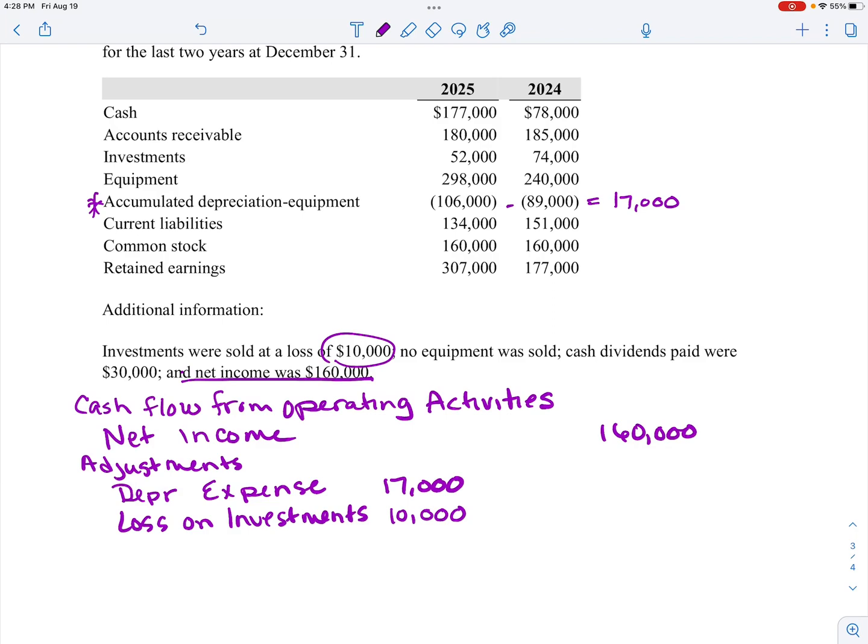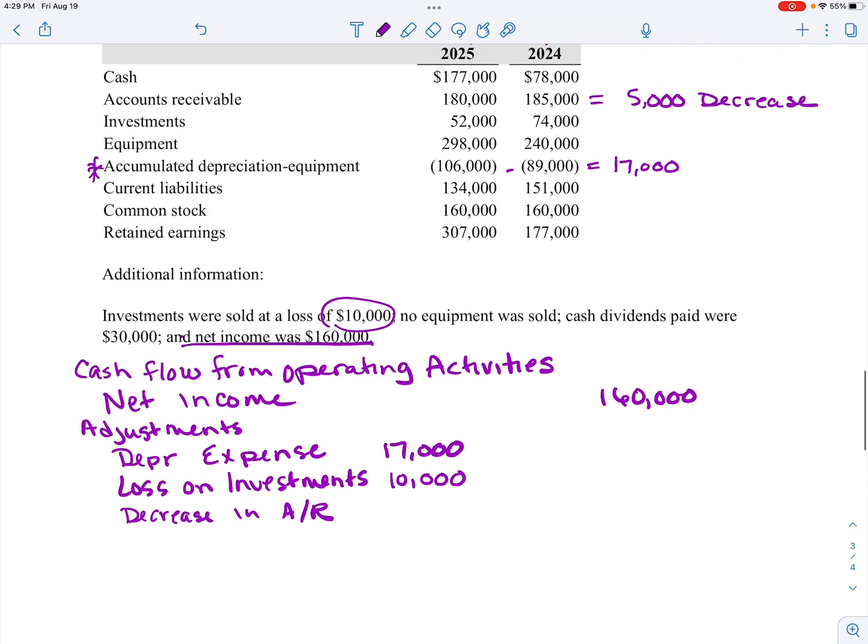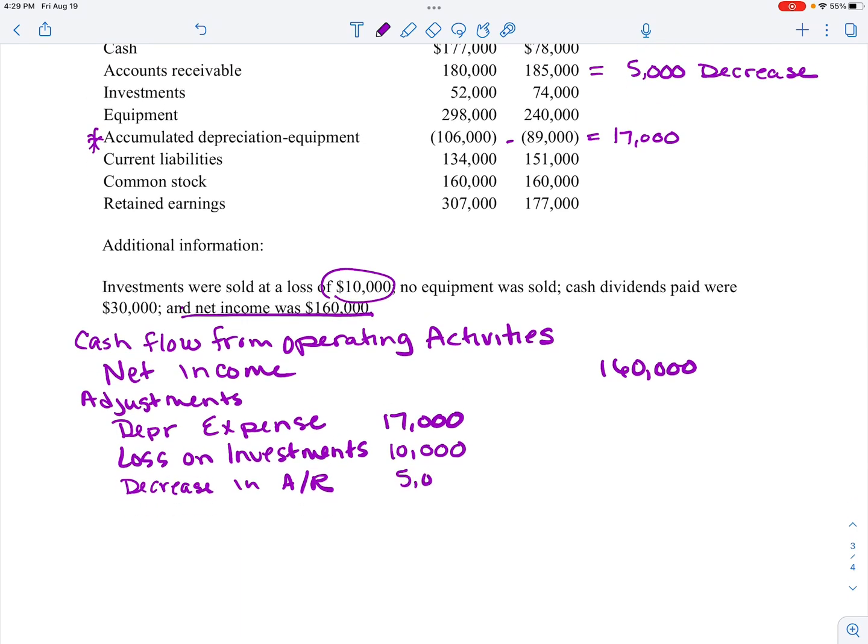Then we're going to go through and look at the differences in our balance sheet accounts. For example, the difference here, now remember you're going 2024 to 2025. So I have a $5,000 decrease. Let's write that down first. So I have a decrease in accounts receivable, and that's $5,000.